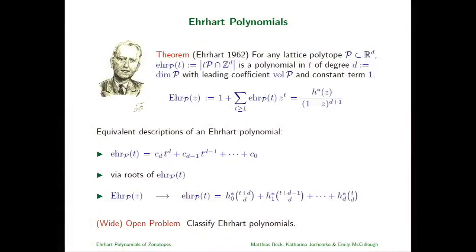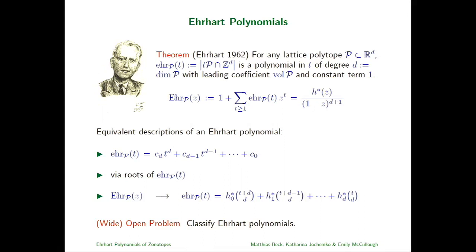This is a theorem that I think Raman proved yesterday or the day before in much greater generality. I like to be very concrete, so I'm going to fix a lattice polytope. That means I'm in some d-dimensional space, and the vertices of my polytope are on the integer lattice. The polynomial I'm interested in is the counting function of the lattice points in the polytope as you dilate.